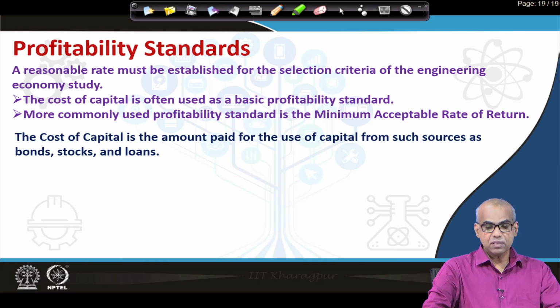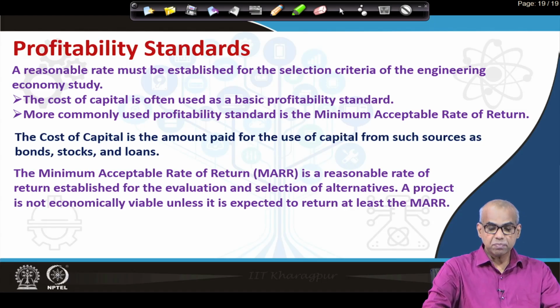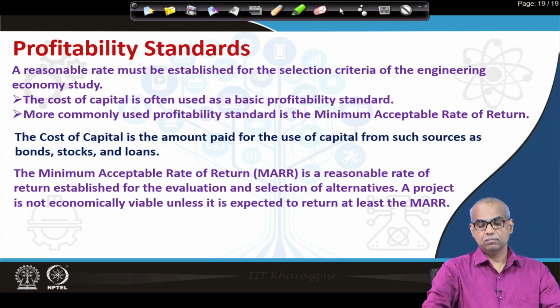The cost of capital is the amount paid for the use of capital from such sources as bonds, shares or stocks, loans, etc. The minimum acceptable rate of return is the reasonable rate of return established for the evaluation and selection of alternatives.